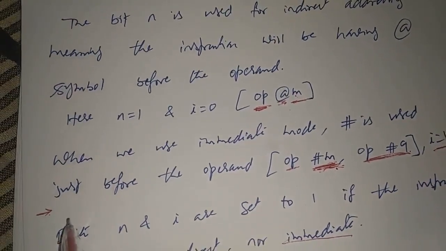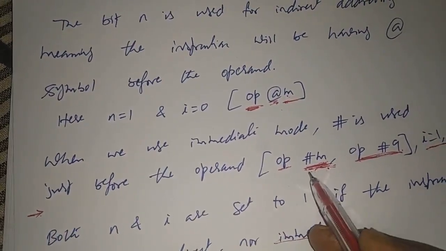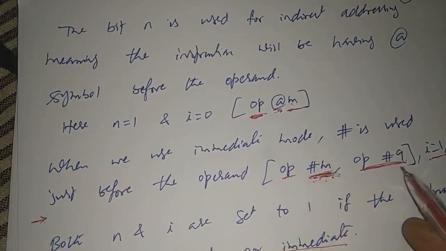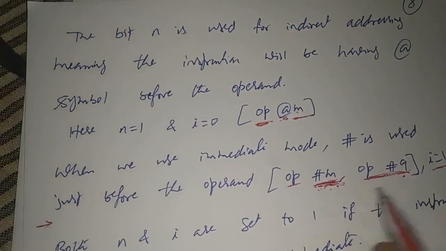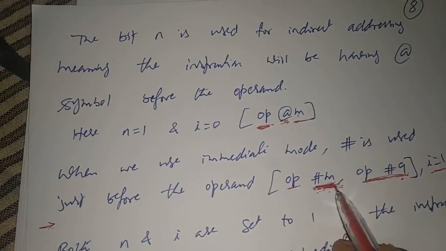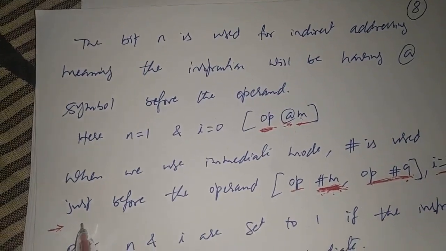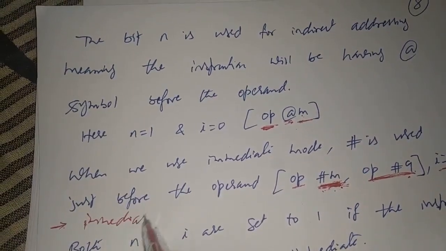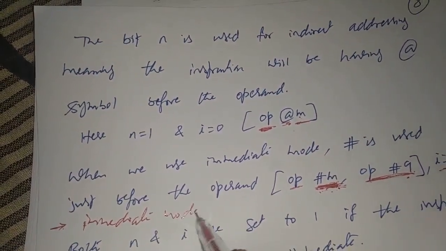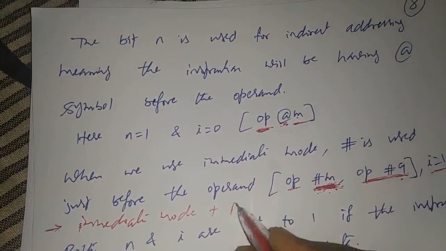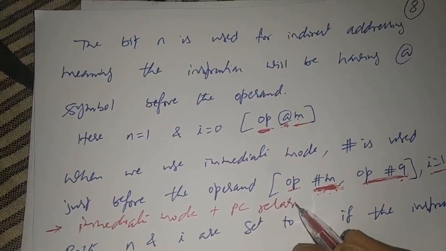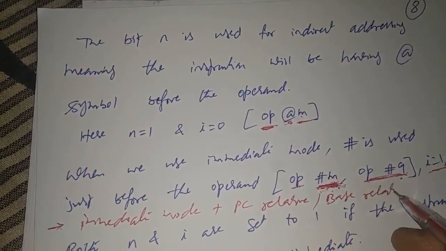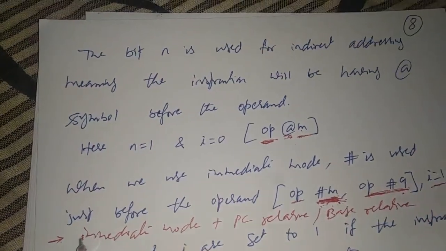And here one thing you should note with respect to immediate mode of addressing: here we are mentioning the memory location, but here we have taken the constant value. If we consider any memory location, then it can use immediate mode plus PC relative or base relative, because we have used the memory location here.